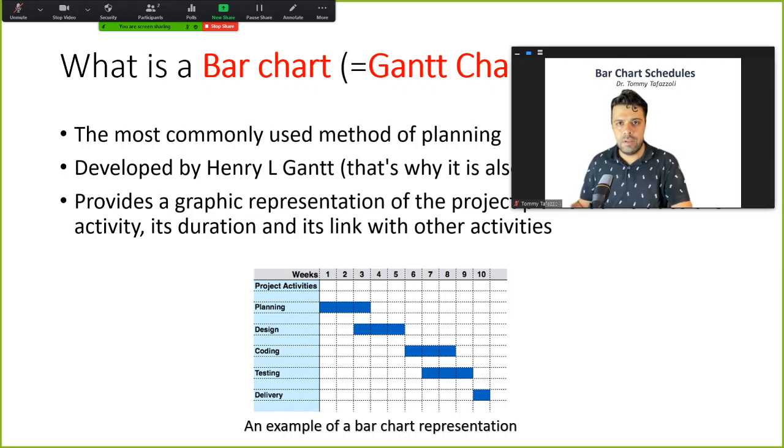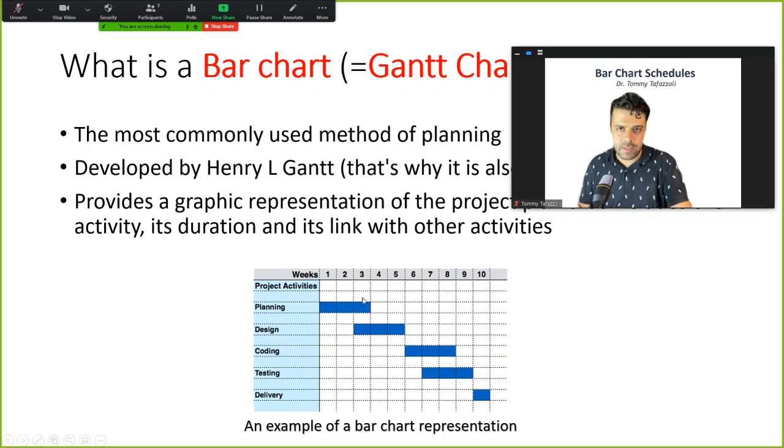So the good thing is that they provide a graphic representation of the project. So I was talking about some of the advantages. I mentioned that they're easy to understand and follow by everyone. The second advantage you could think of is they show what activities should be done in every single day.